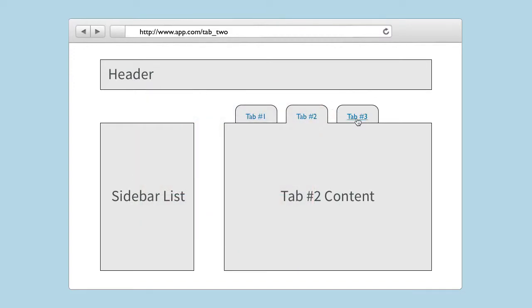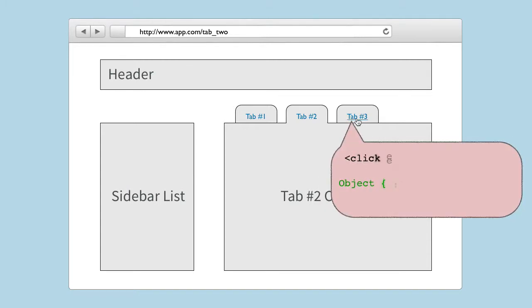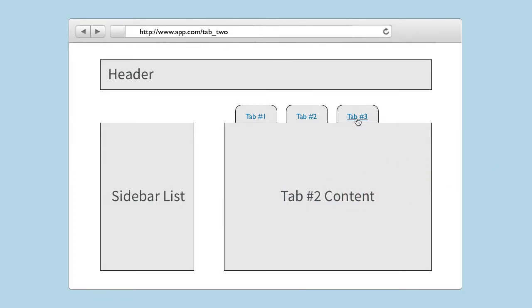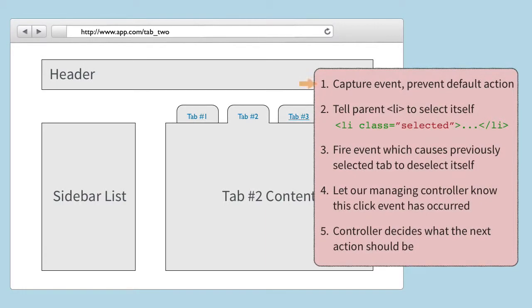So before our tab is clicked, let's assume that we had a view wired up listening specifically for this click event. And by doing so, we receive a notification of the event when it triggers. And now, at this point, how we proceed depends completely on what we want to have happen, step by step. In our case, let's assume after capturing the event, we want to prevent the default action.